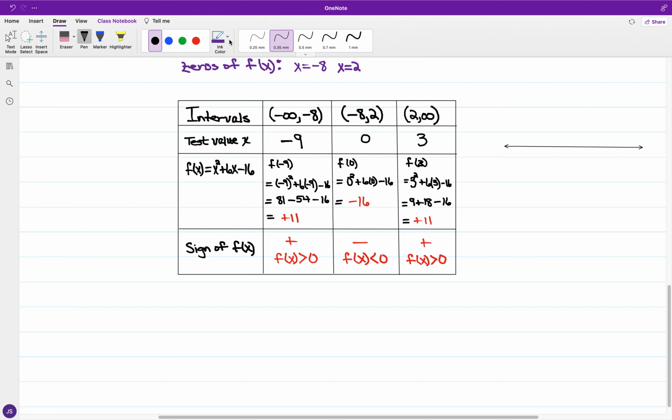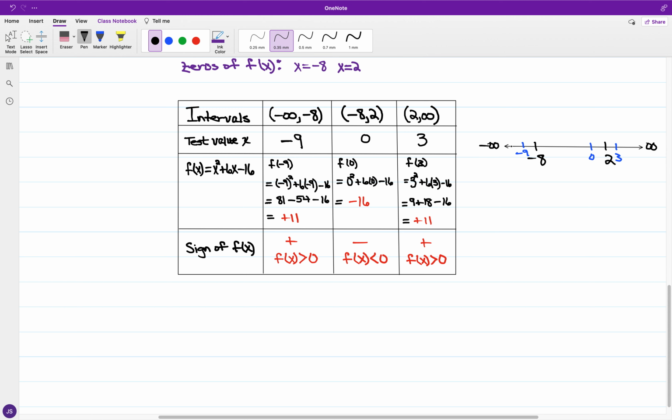Okay, so you have the numbers selected: negative 9, 0, and 3. Anything between negative infinity and negative 8, but not including negative 8, negative 9 is a possibility.